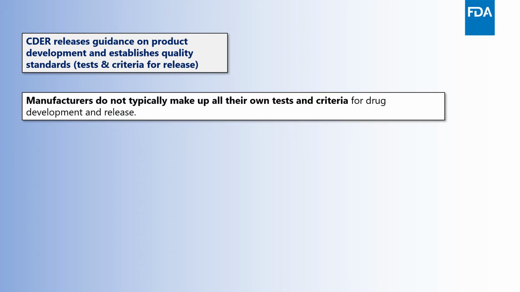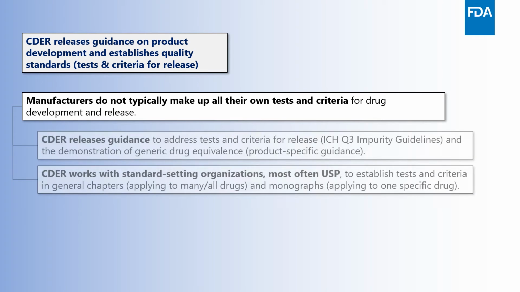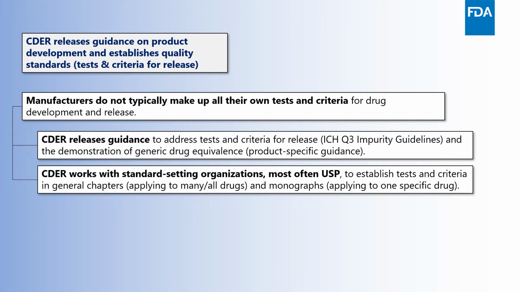It is important to note that manufacturers do not typically make up all their own tests and criteria. CEDAR releases guidance to address tests and criteria needed for drug development and release. For example, there are the International ICH Q3 guidelines on impurities and numerous drug-specific guidance documents on the demonstration of equivalence for generic drugs.